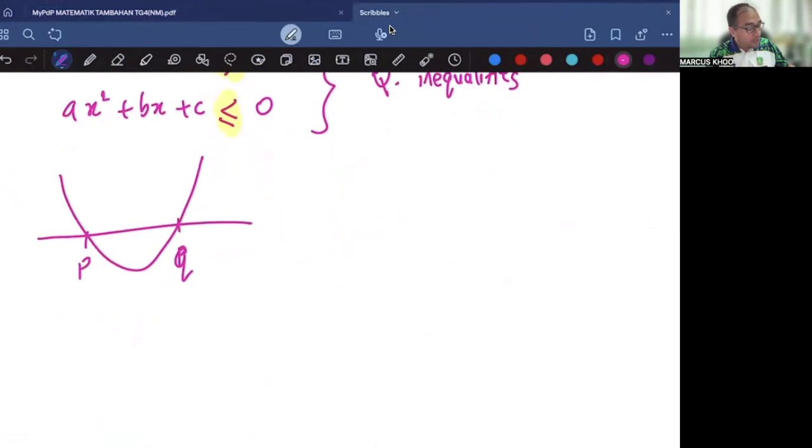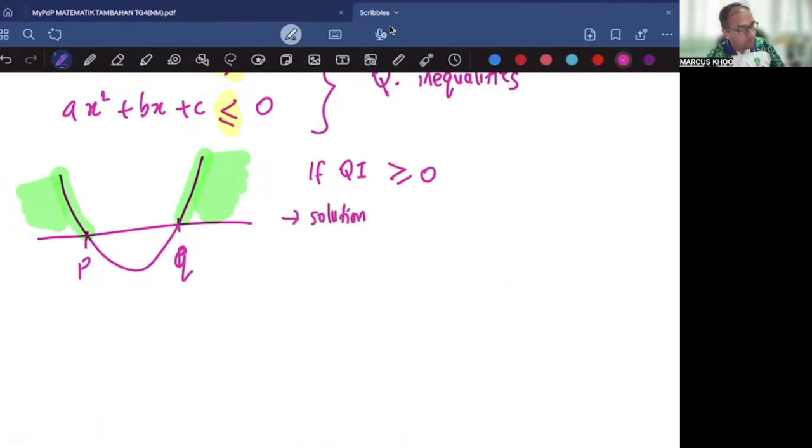If your quadratic inequality is more than 0, that's the one we want, so you highlight this part and this part. The solution for this will be x is smaller than q, and x is bigger than p.